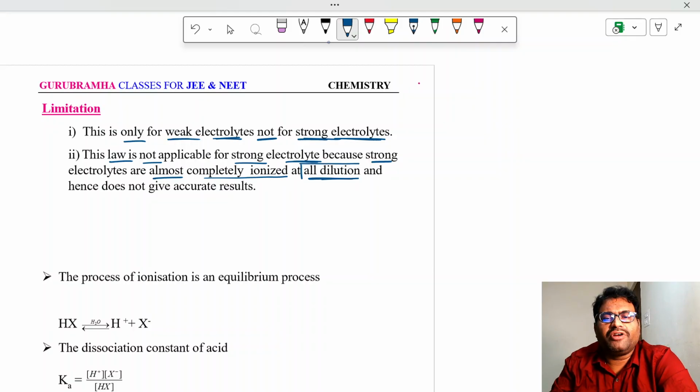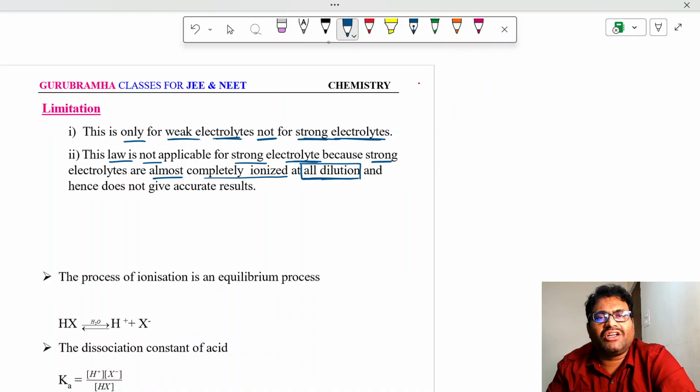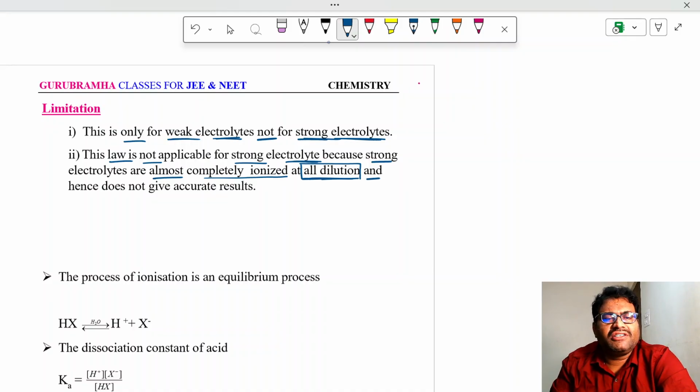This is important. Whether you dilute with less water or with more water, the strong electrolyte is found to be completely ionized and hence does not give accurate results.